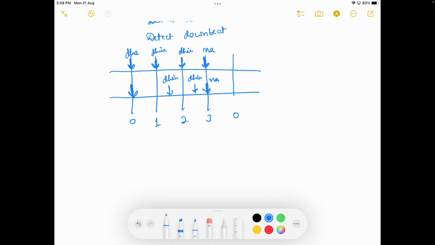So how do we write the notation? This is simply dha, dhin, na. And this one will be dha, and there is a blank, comma, dhin, which means we have divided this beat into two halves, and the first half is empty, the second half dhin.